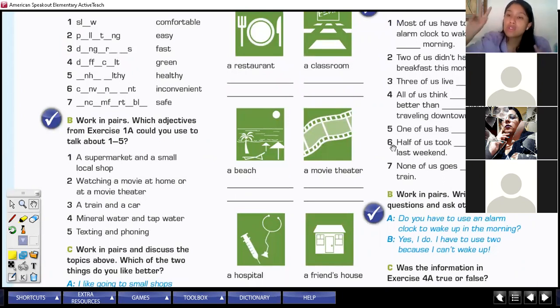And you're gonna write 2 sentences for each, one could be with can, don't have to, can't, or have to. For example, in a restaurant, you have to pay for your food. That is an example, okay? So 2 sentences for 3 different places, 2 sentences each.